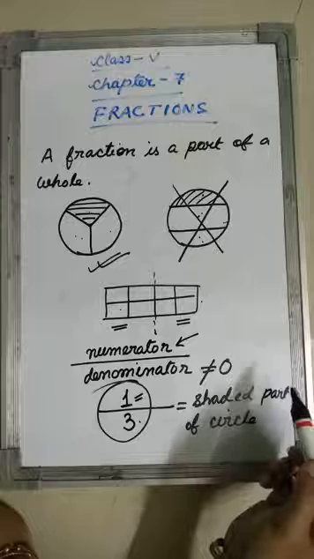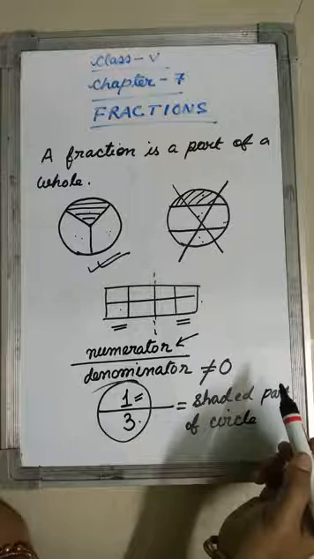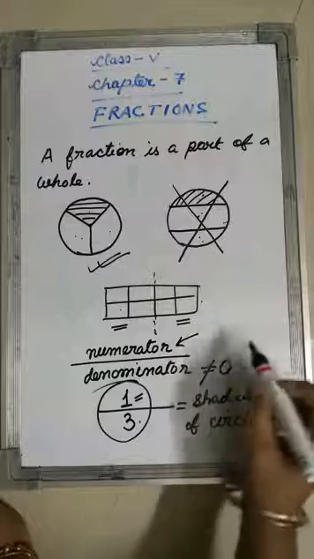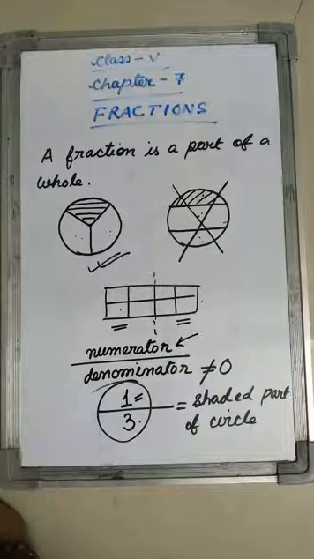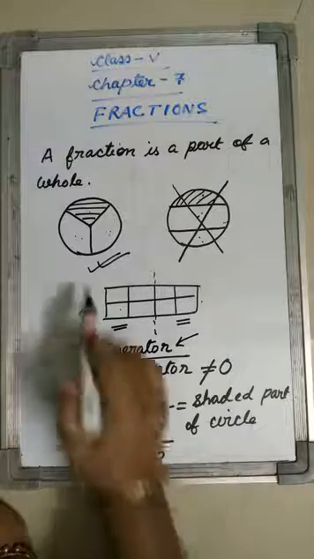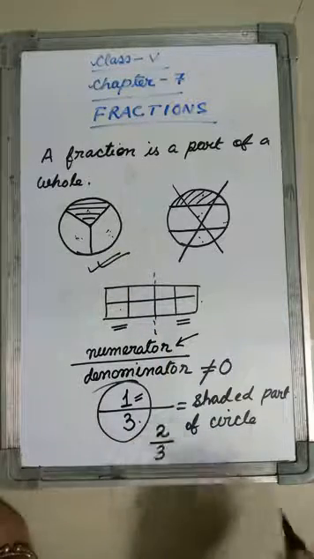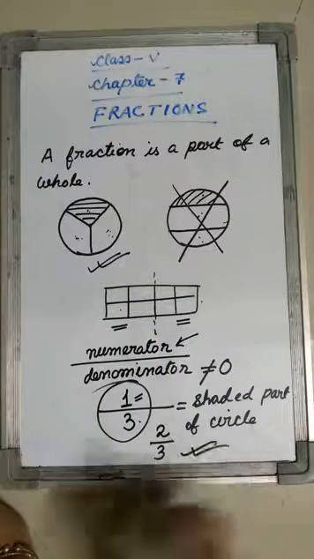How many parts are not shaded? To express the non-shaded part, the denominator is 3. Out of 3 parts, 2 parts are not shaded, so the non-shaded part is two by three.